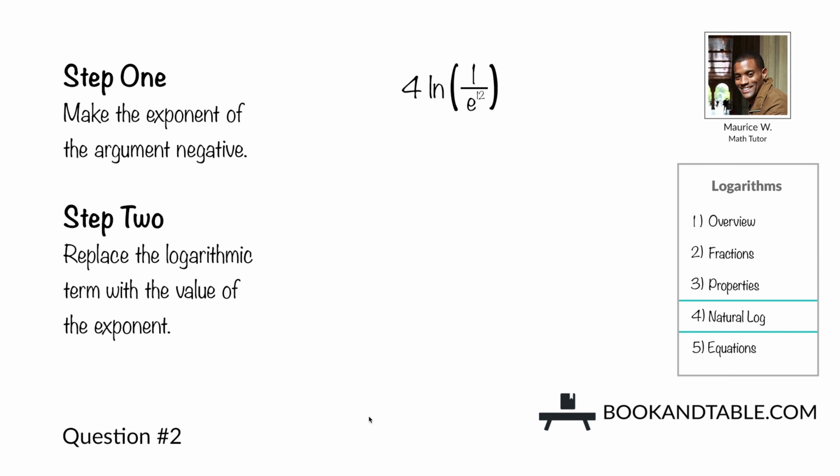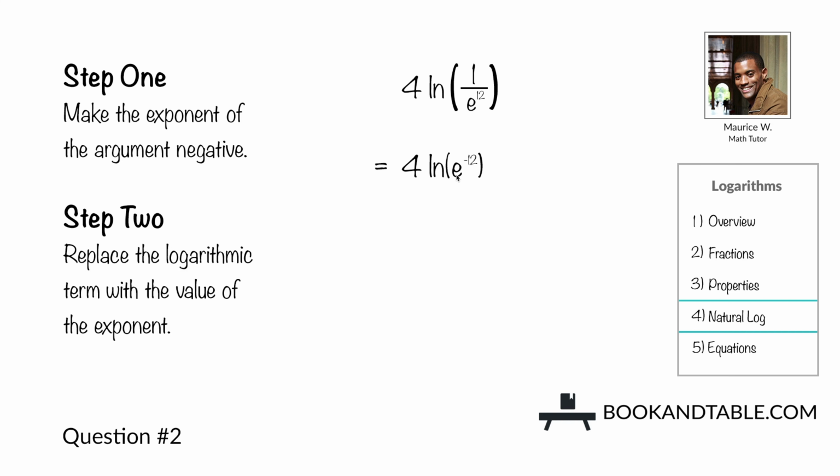Let's now have a look at question number 2. We want to simplify 4 times the natural log of 1 divided by e to a power of 12. So we first want to change this argument so that the base is just e. So step 1, we want to make the exponent of the argument negative. So we'll change +12 to -12, which will allow us to move this term to the numerator, making it e to a power of -12 over 1, which is just e raised to a power of -12.